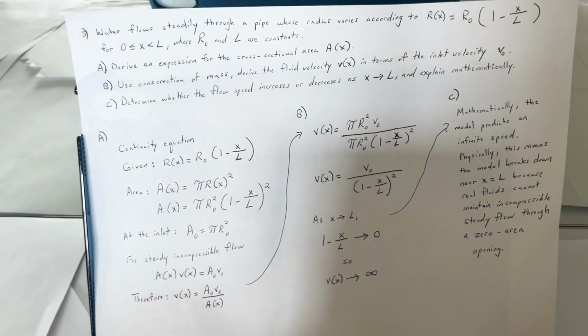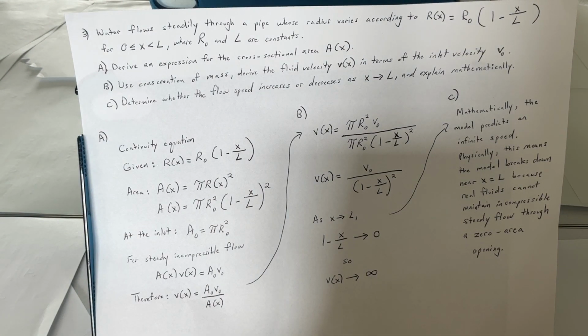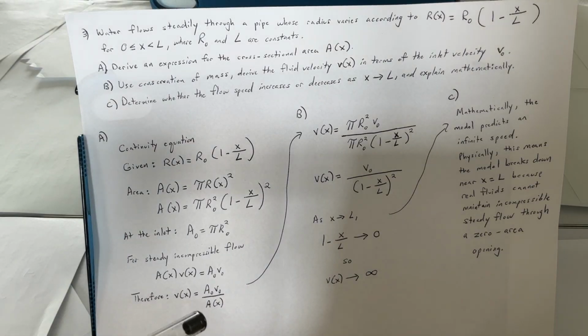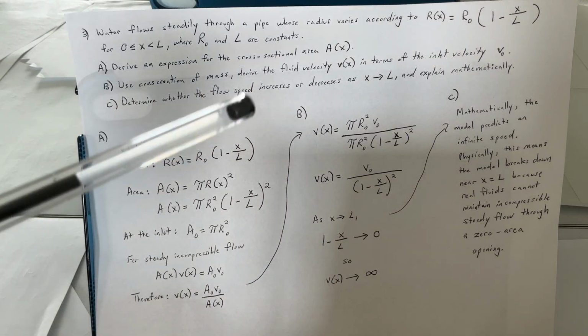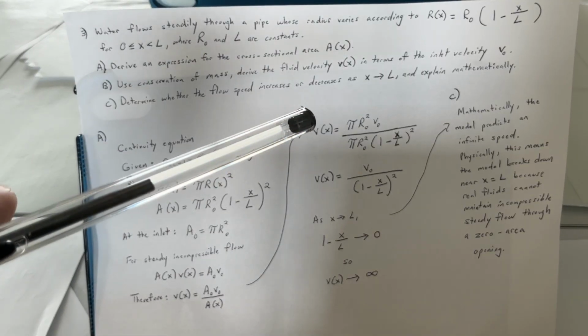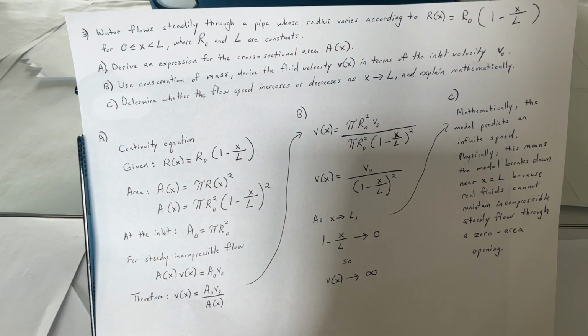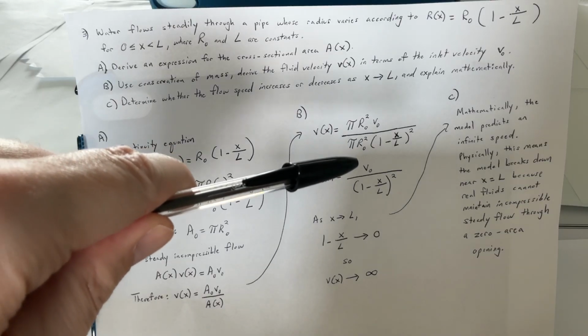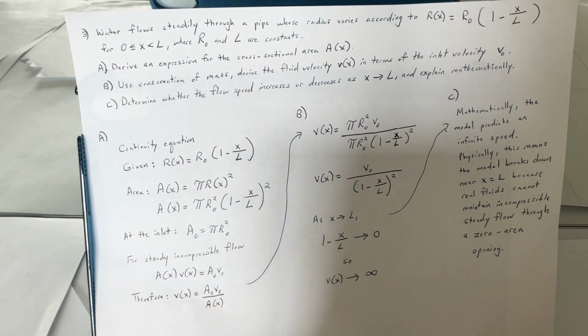From here, okay, if we substitute our values, what we know A of x is, we could do this. V of x is pi R naught squared times v naught in the numerator divided by pi R naught squared times the quantity 1 minus x over L squared.